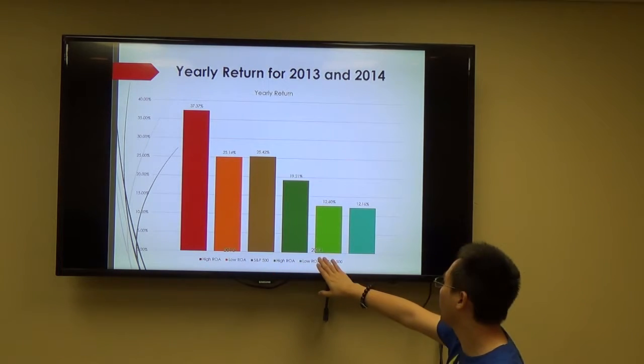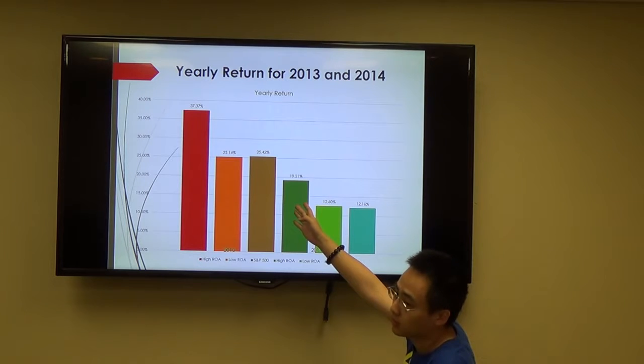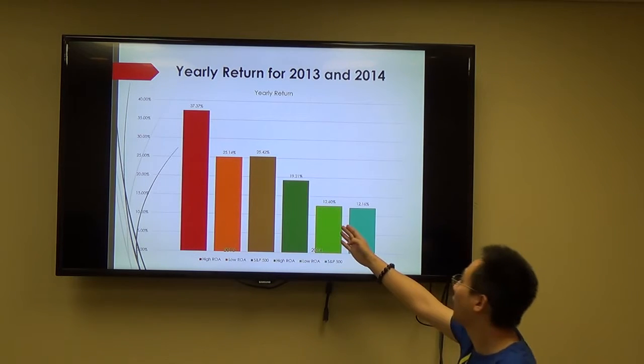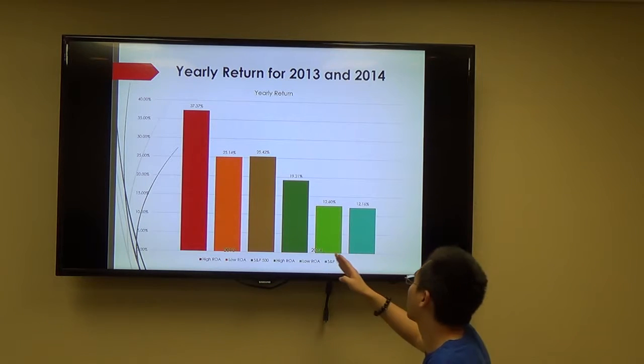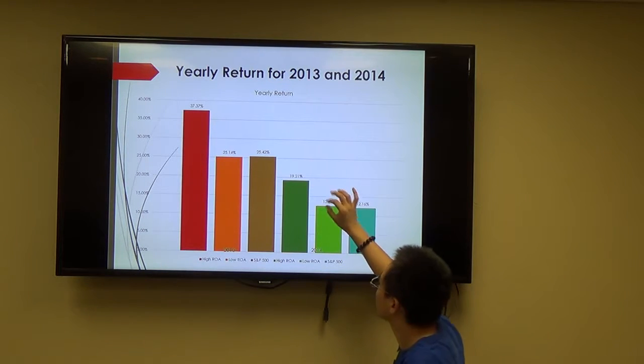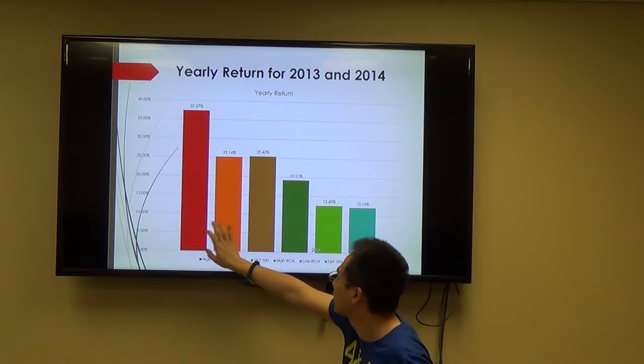And for 2014, the higher ROE companies' returns are still higher than the lower ROE companies', but the difference is smaller than the difference in 2013.